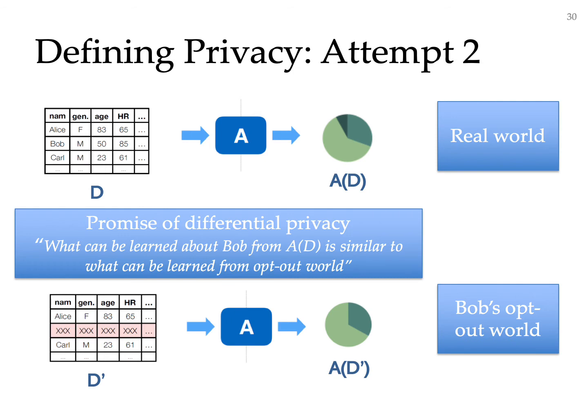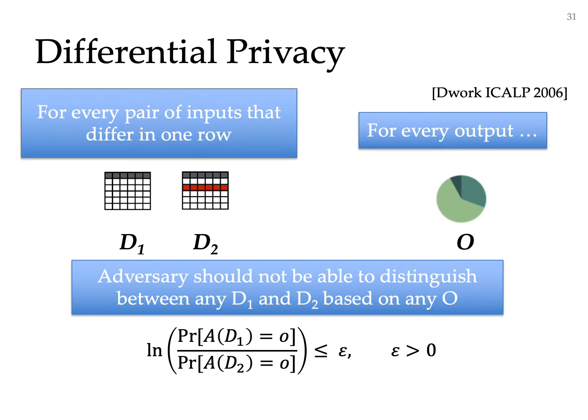And if we formally define this, we introduce a new term called differential privacy. A mechanism A satisfies differential privacy if, for any pair of inputs that differ in one row, and for any possible output, the adversary should not be able to distinguish between that pair of inputs based on the output.